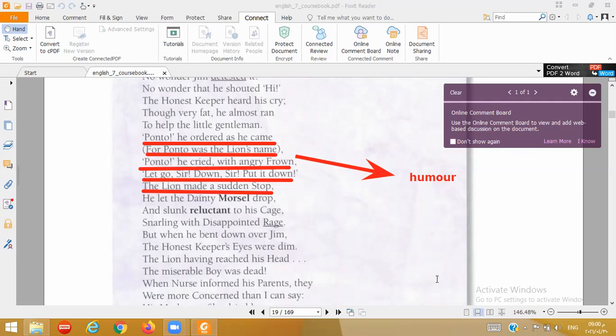The boy is dying, getting eaten inside the cage, and you're just talking to the lion. You should shoot the lion down. Don't talk to him like this. Like, "Ponto, put the boy down." The boy is getting eaten. That's so funny.